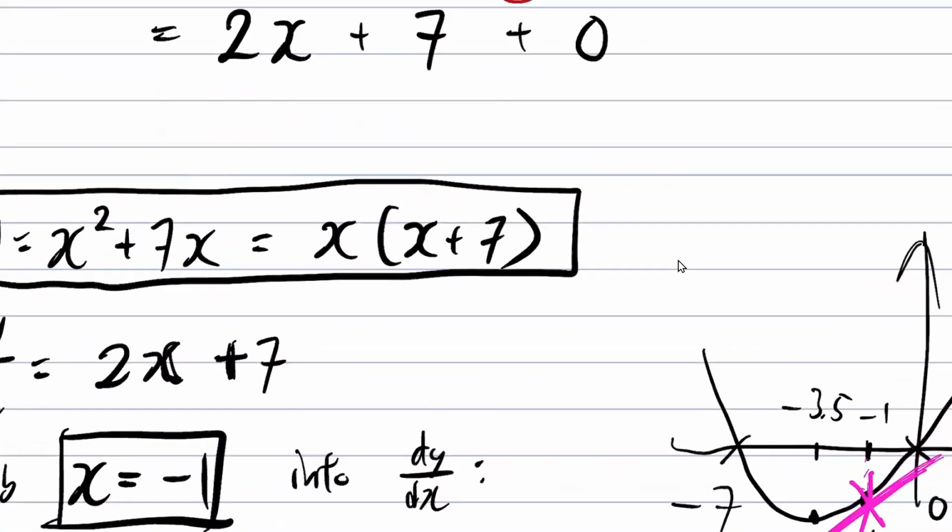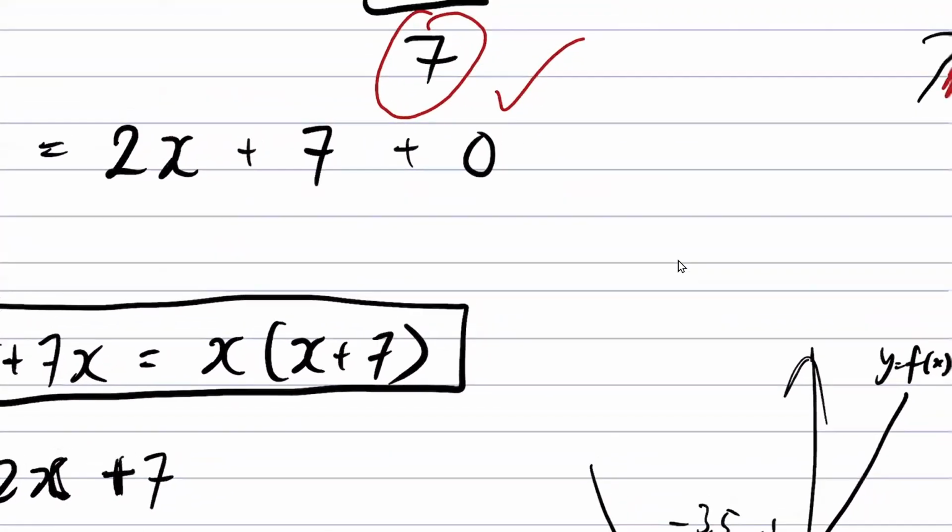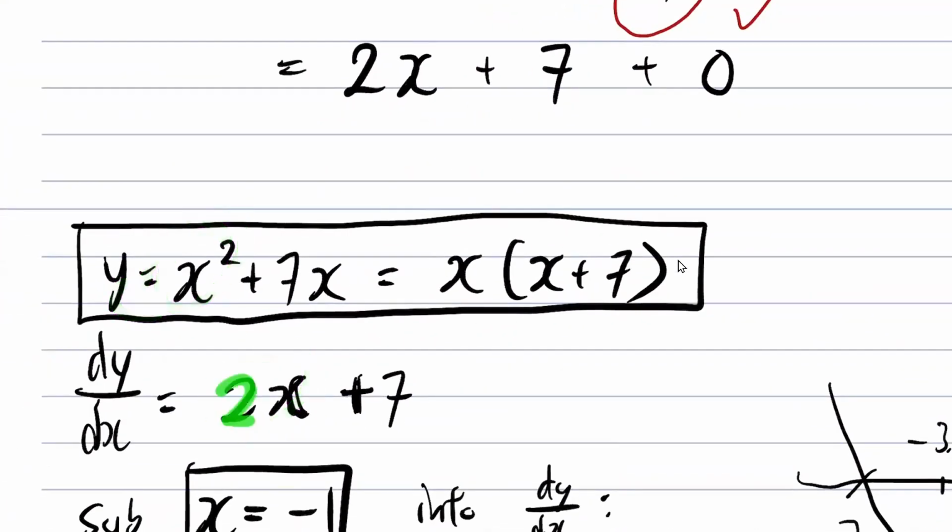You bring down the power and then you minus the power by 1. That's for the first term. Then plus 7x, how come it becomes a 7? Because x to the power of 0 is 1. Correct. When you bring down the 1, then times x power 1 minus 1 is 0. Anything power 0 is 1. Then 7 times 1 times 1 is just 7.